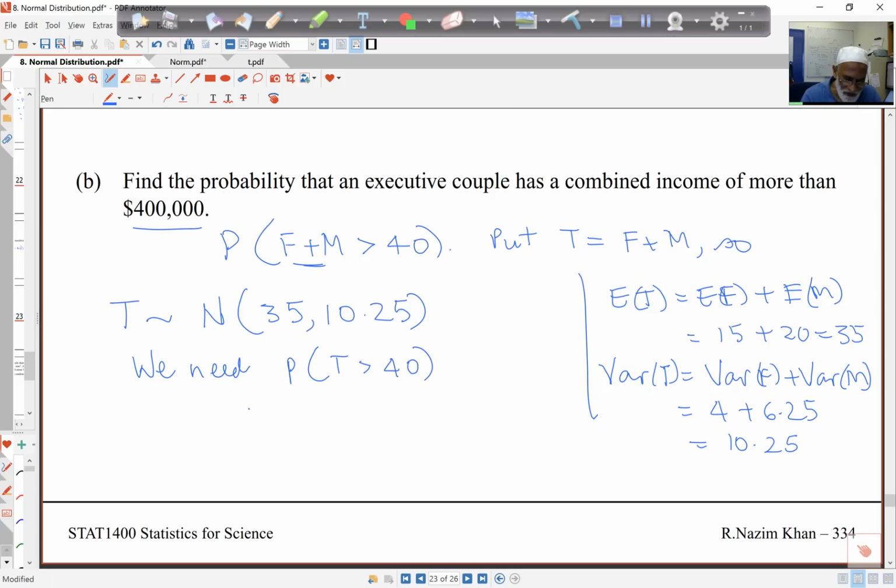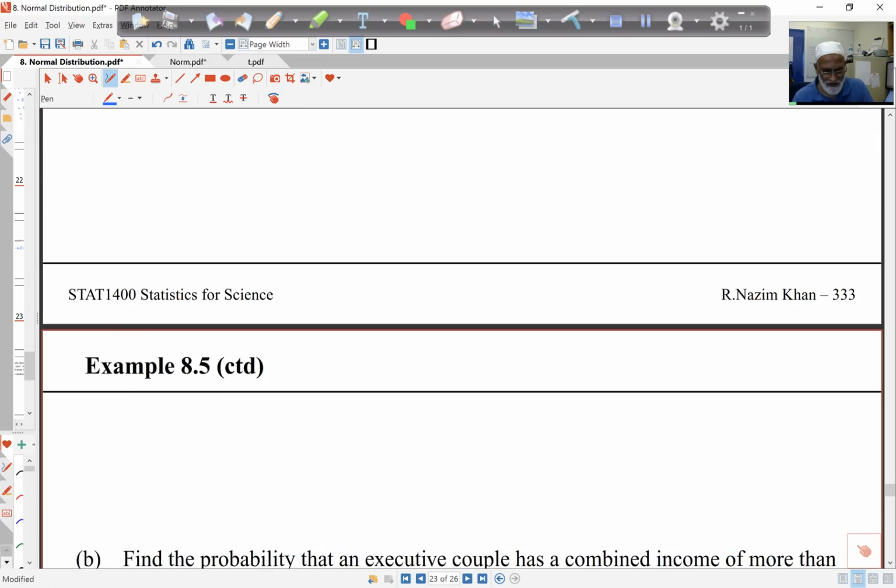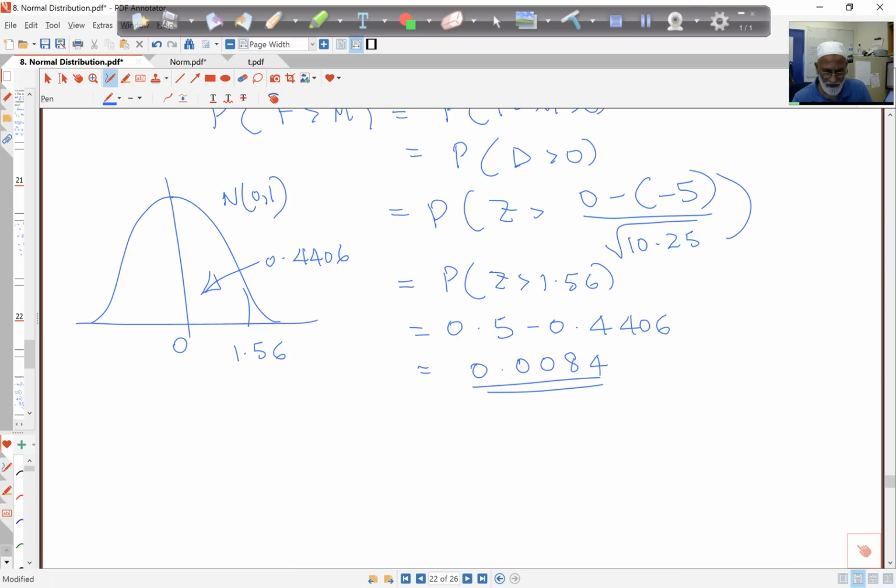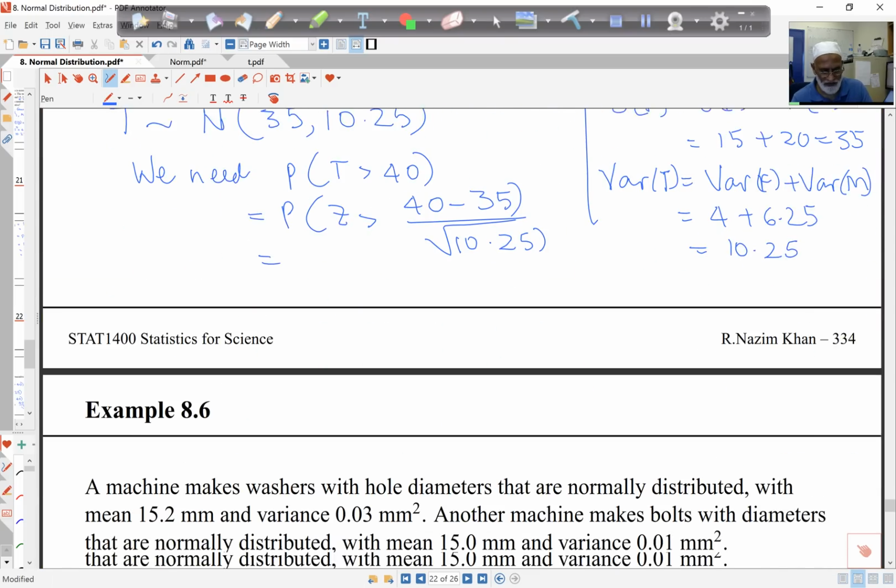And so the usual story, I standardize this, I get Z is bigger than 40 minus the mean, which is 35, over the root of 10.25. So the number here is again 5 over root 10.25, the same as what I had before. This still comes to 1.56.